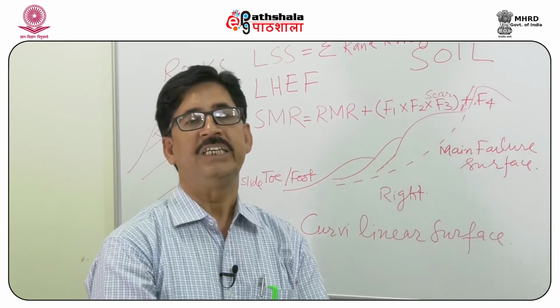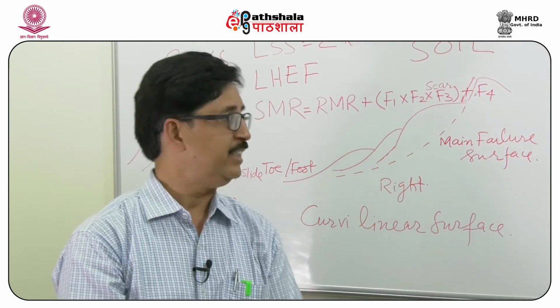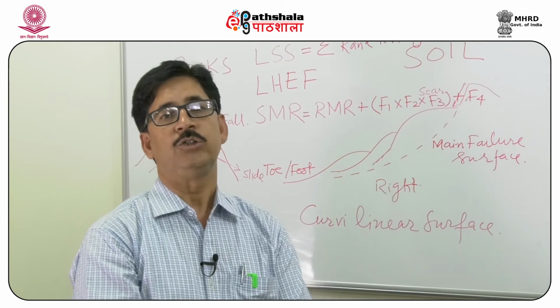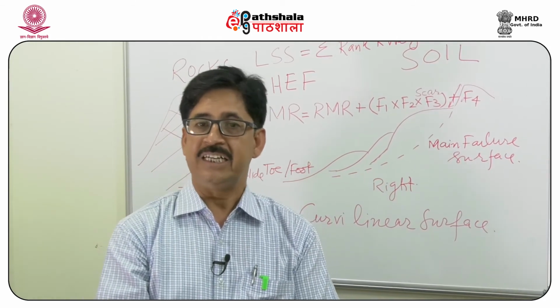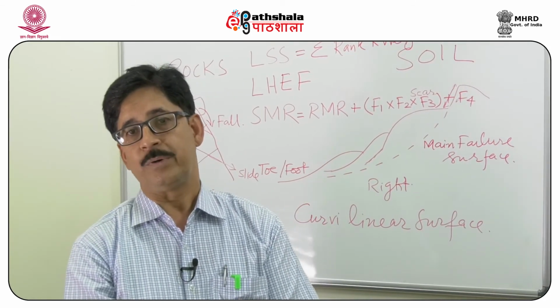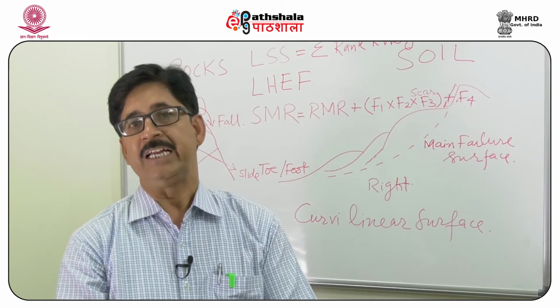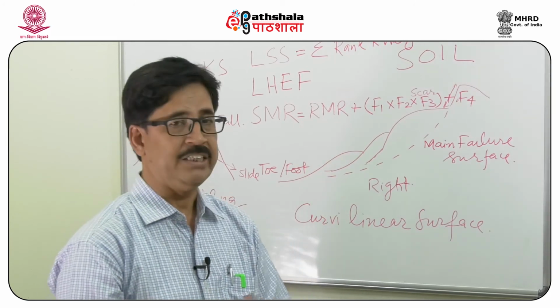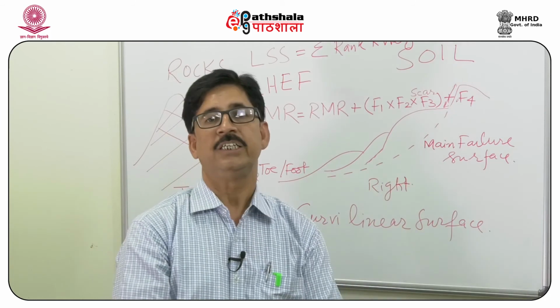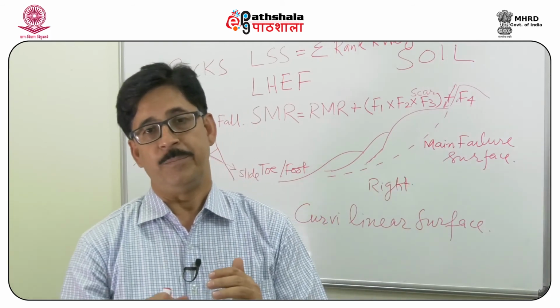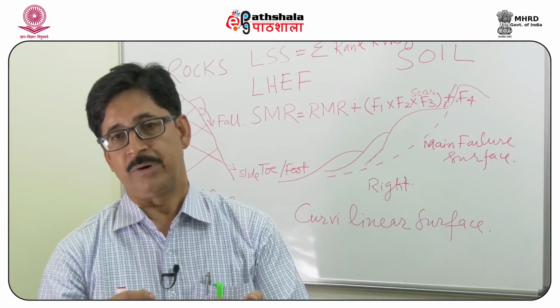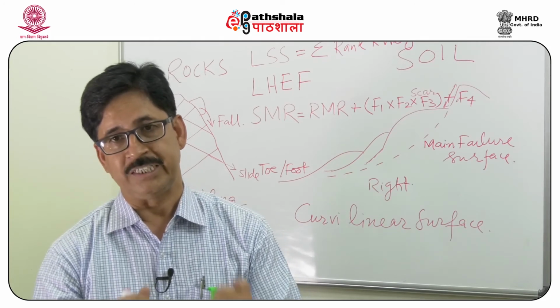F2 is related to the inclination of the joint. F3 is related to the difference in angle of slope and angle of dip of the joint. And F4 is related to the method of excavation by which slope was created.